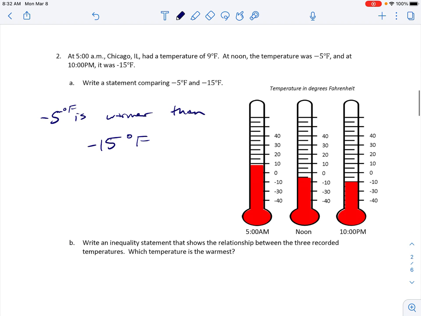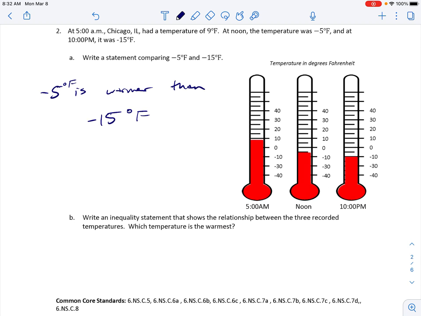All right, now letter B says write an inequality statement that shows the relationship between the 3 recorded temperatures. Which temperature is the warmest? Okay, so we have 9 degrees. This is 9 degrees. This is negative 5 degrees.